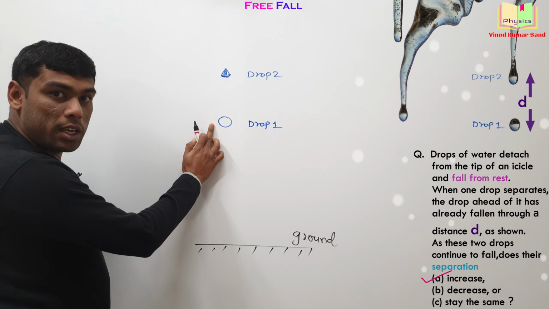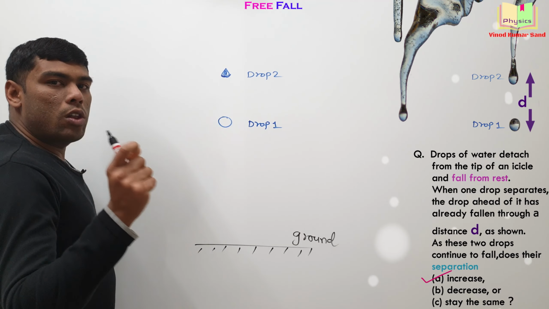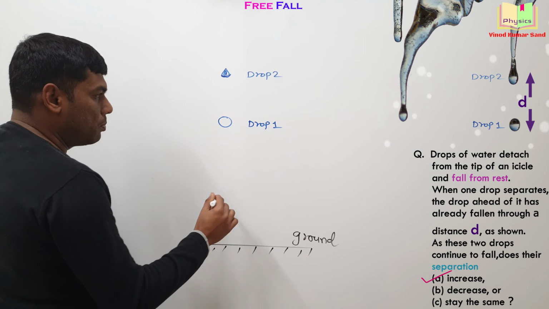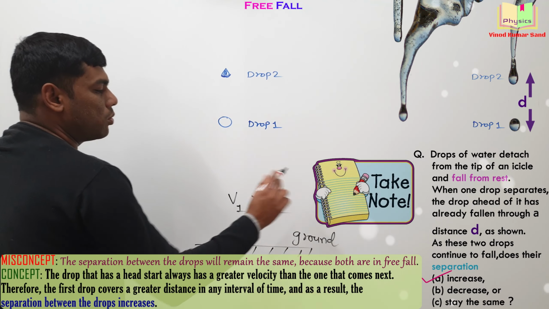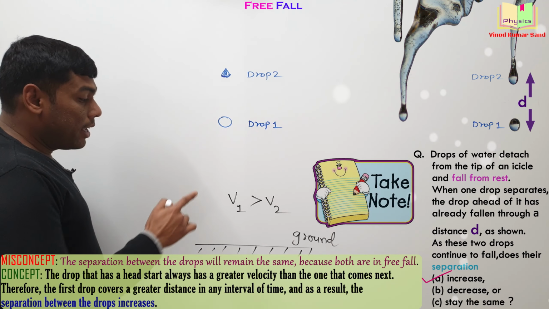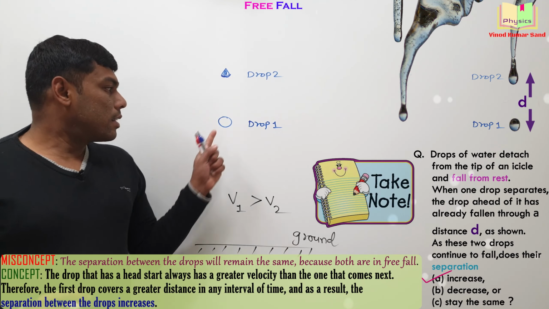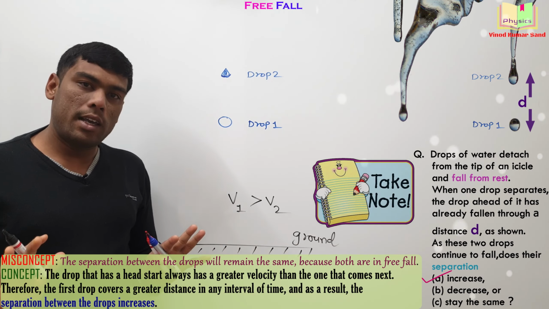It means the speed of drop 1 will always be greater than the speed of drop 2. I can say V1 is greater than V2 at any moment of time. If V1 is always greater than V2, the distance between these two drops will keep on increasing.